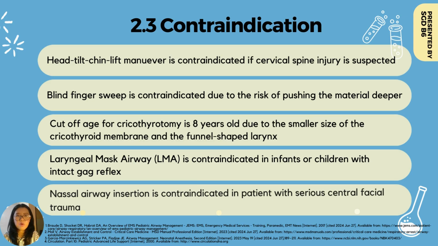However, in infants or children with an intact gag reflex, LMAs are contraindicated. Nasal airway insertion is contraindicated in patients with serious centrofacial trauma due to the risk of intracranial tube migration. That's all for me. The next part will be explained by my friend. Thank you.